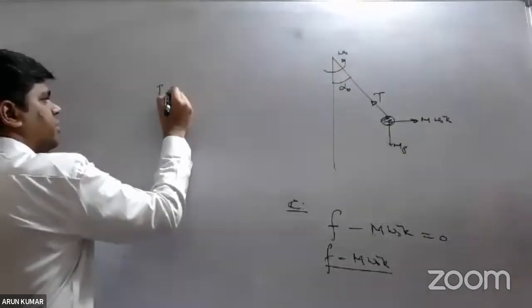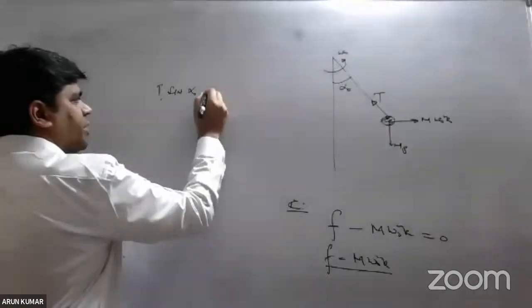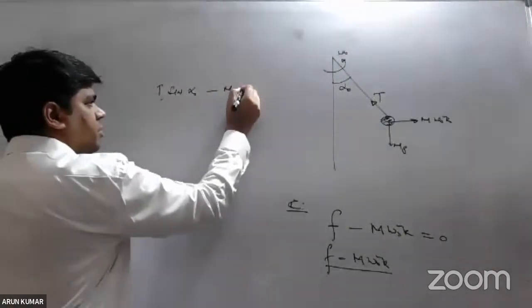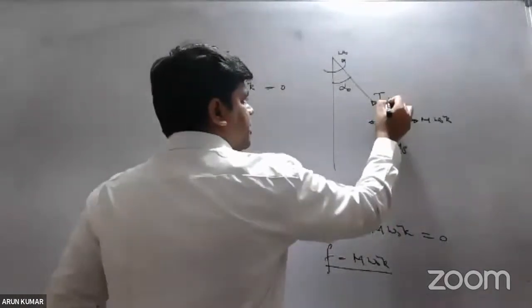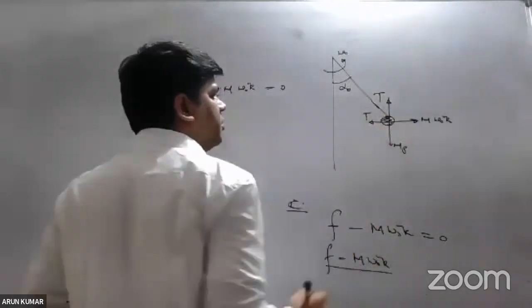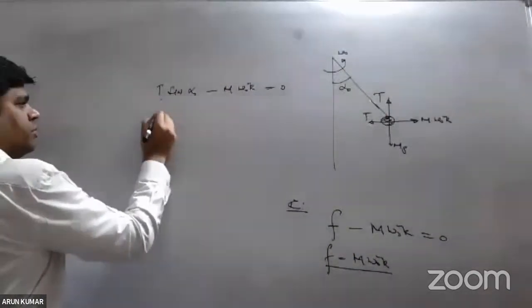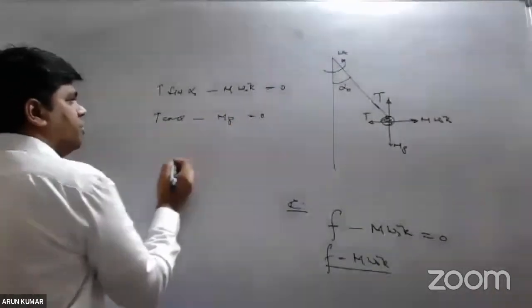T sine alpha minus m omega square r equal to 0. This is T sine alpha, and this is T cos alpha. T cos alpha minus mg equal to 0.